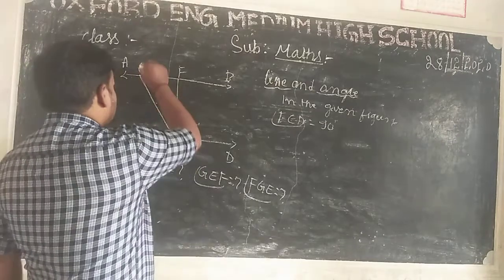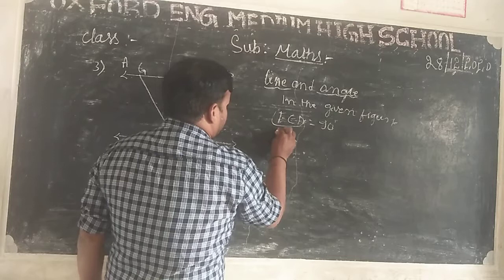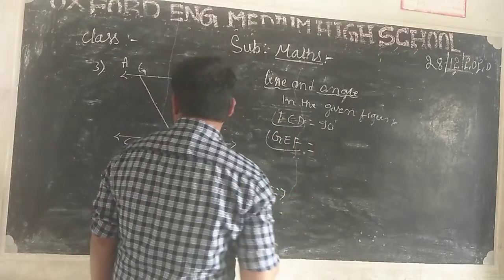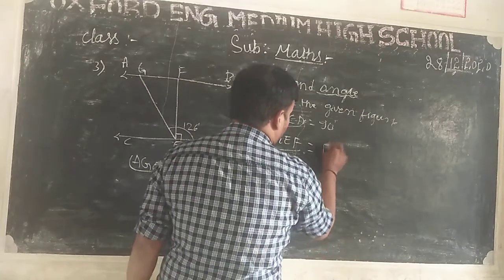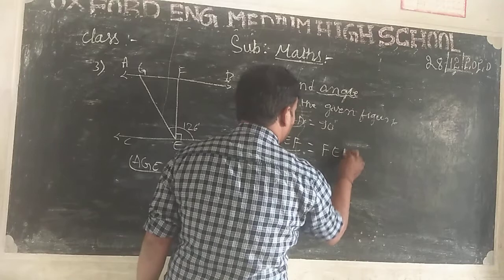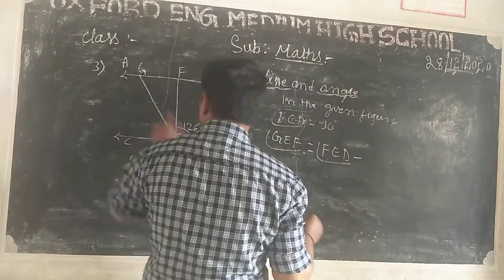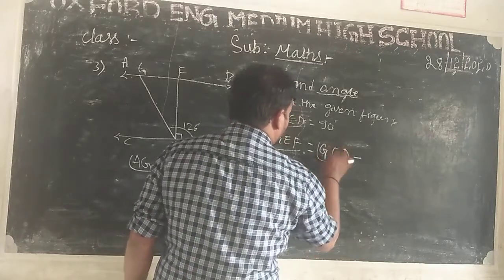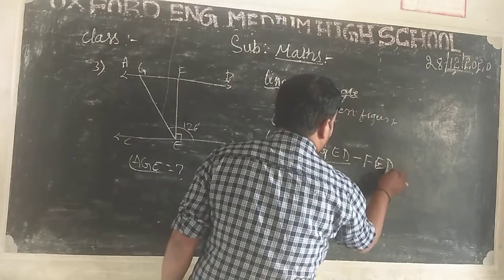Now you should find GEF. GEF is equal to GED minus FED.